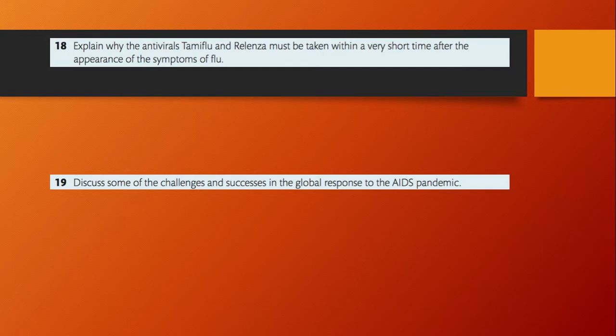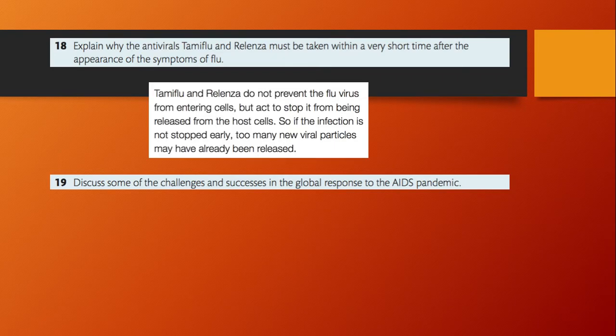The life cycle of the virus in a nutshell. So, Tamiflu and Relenza do not prevent the flu virus from entering cells, but they act to stop it from being released. So, if you do not target it early, too many new viral particles may have already been released.